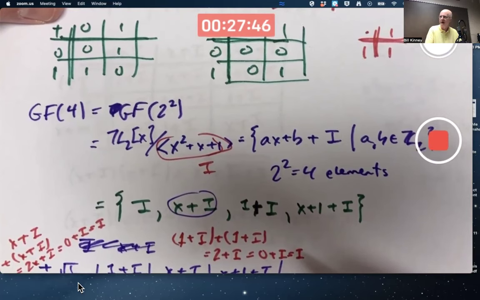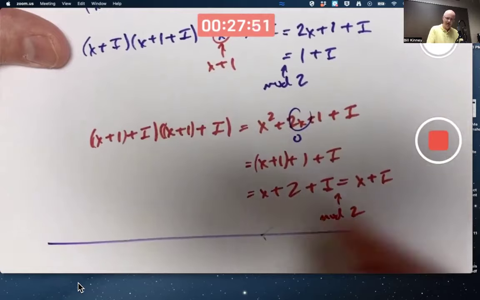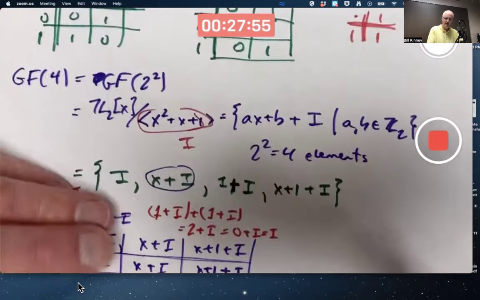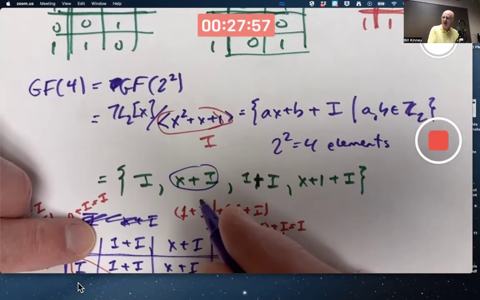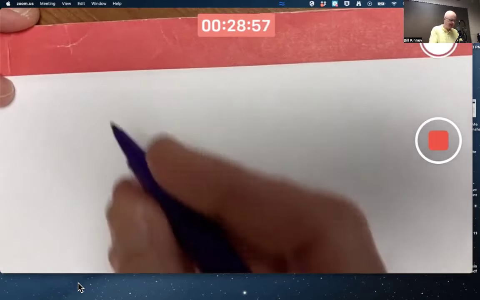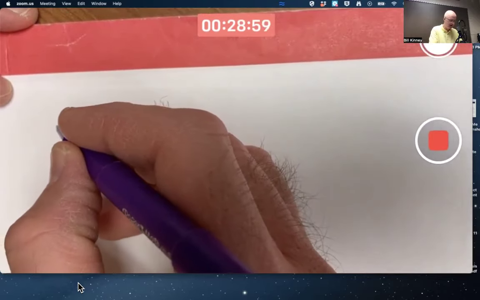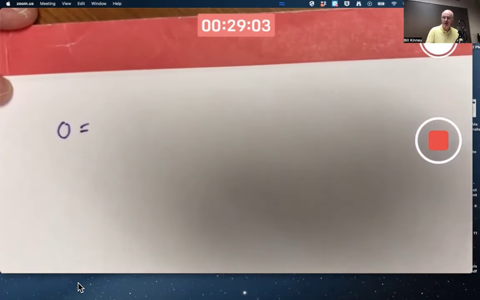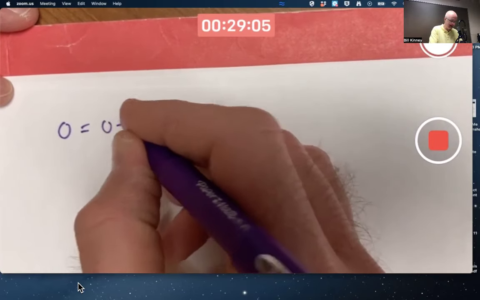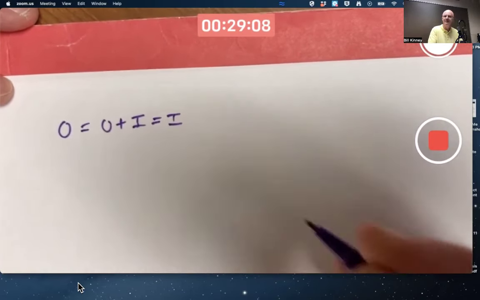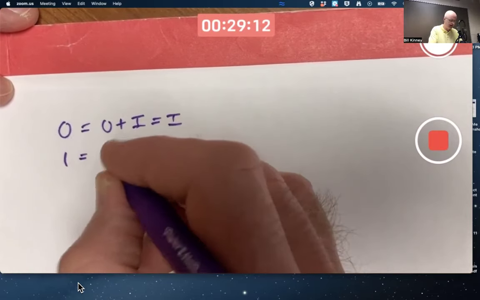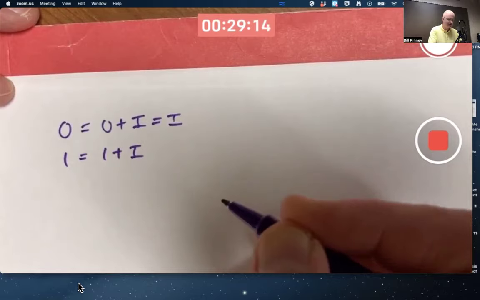Maybe call it omega or something like that. We could still be referring to the same field that we constructed, but just shorten our notation, call that omega. If we do that, it's also going to be convenient to use shorthand for the 0 and the 1. Effectively use the symbol for the number 0 to represent the coset 0 plus I, which is just I. Effectively use just a plain old number 1 for the unity coset, 1 plus I.